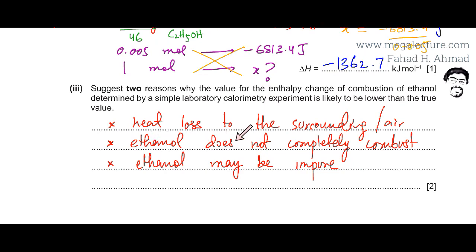Or it could also be that ethanol may be impure. There might be a lot of impurities in ethanol, so the heat energy produced would be lesser because the impurities might not combust.